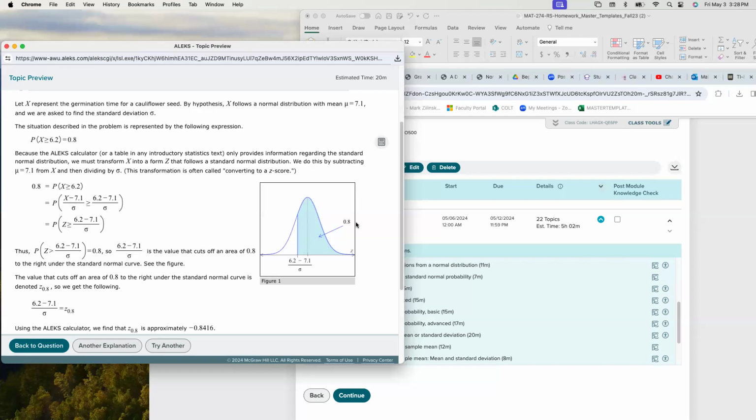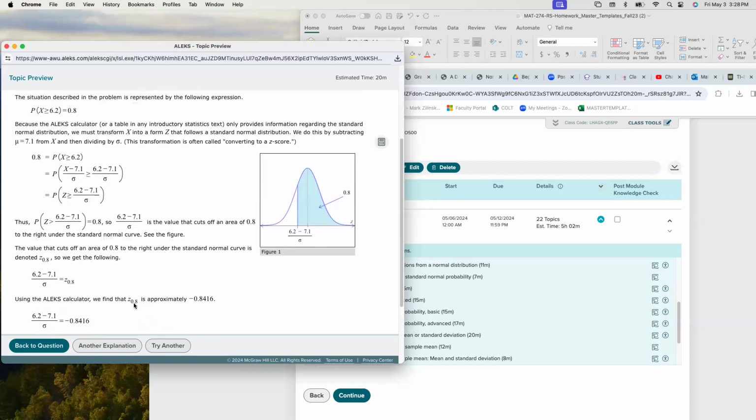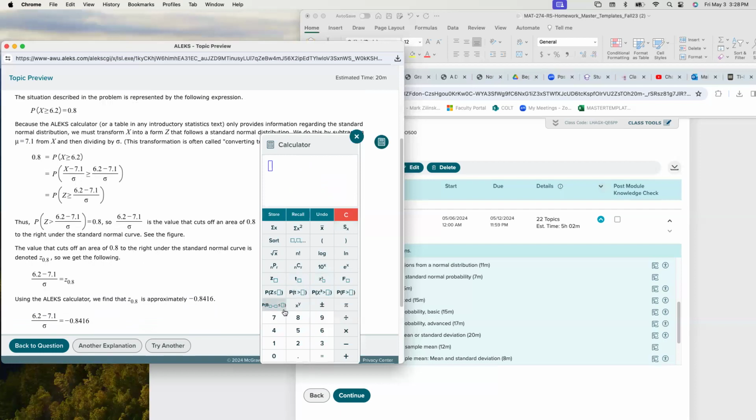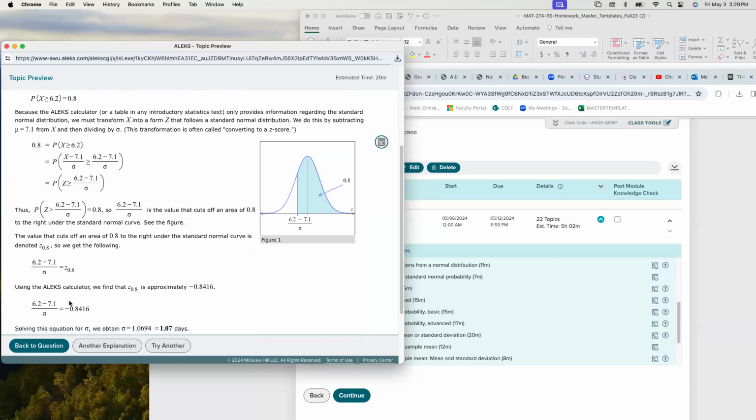So I want the Z with 0.8 area to the right of it. I find that value, and on the calculator it is negative 0.8416. Just to show you that real quick, I will use that command for 0.8, hit enter, and there it is. That's how we get that. Now, once we get that, we have a very simple equation to solve, which we got from the inequality.